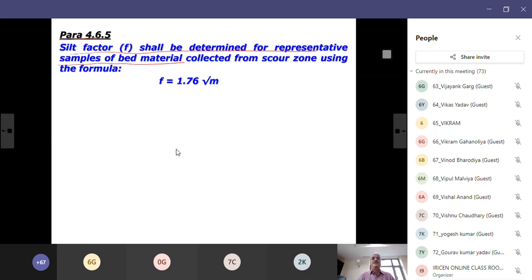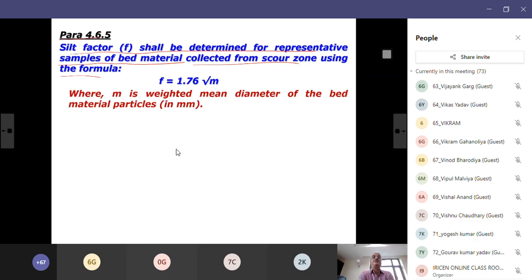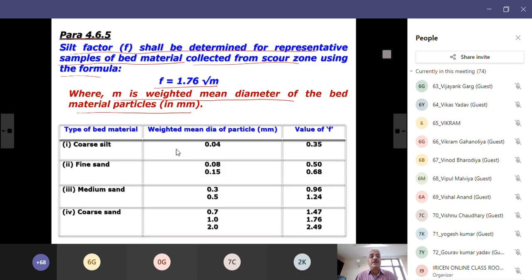You take a representative sample of bed material, do the sieve analysis, find out its particle size, and from there you calculate F. F is given by this formula, 1.76 times under root M, and M is the weighted mean diameter of the bed particles. Whatever particles you find in the sieve analysis, whatever is the percentage, take the weighted average, that will give you the weighted mean diameter, and you take 1.76 multiplied by under root M.